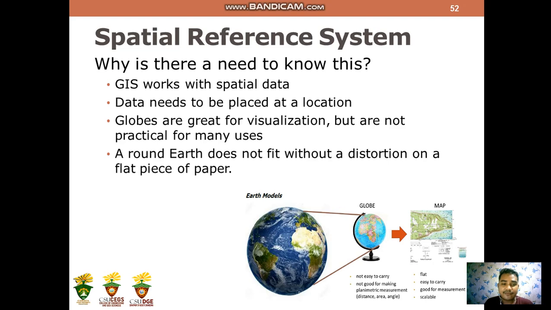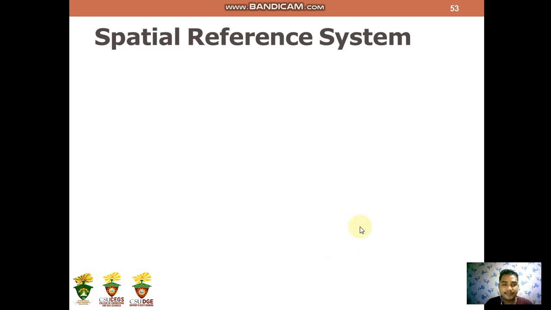Globes are great for visualization but not practical for many uses, because you would have to carry a globe just to reach a specific place or to guide you. A map is more handy. The round earth does not fit on a flat piece of paper without distortion. So the earth is downscaled into a globe, then from the globe into a two-dimensional map.